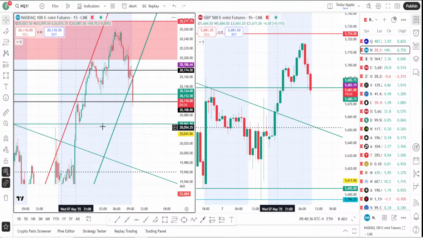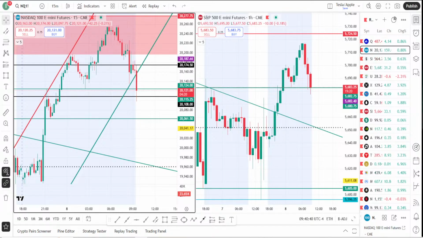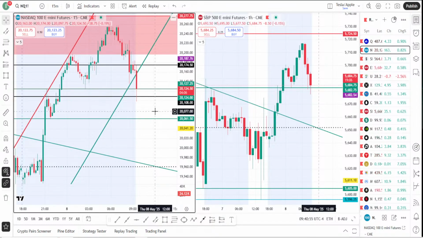Let's fill at this high right here. We just leave it the way it is. That looks pretty good. Okay, we're seeing some buyers stepping in here strong.